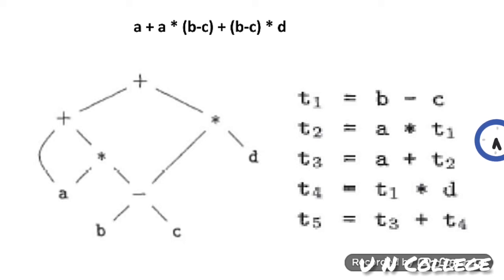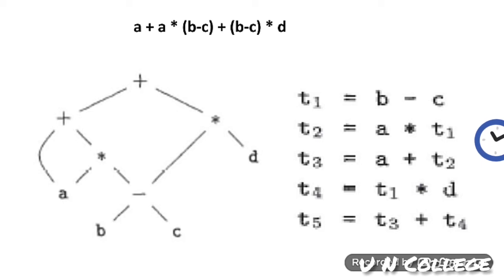Why? Because B minus C is repeated, and it is a very good approach or rule. We may say that if we have a repeated expression, convert it into three address code at the first step, then that will be better. For that reason we have used T1 equal to B minus C, so that we can use T1 instead of B minus C again and again.